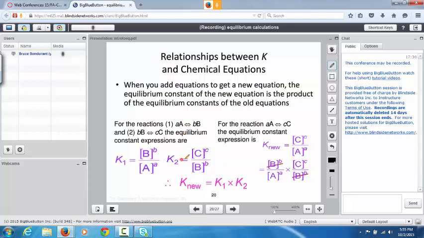Now if I add them together, so I have AA goes to CC, it is going to be B to the B over A to the A times C to the C over B to the B. Well, these cancel out and it becomes C to the C over A to the A, which would be the reaction if I have A going directly to C. So that's simply adding these reactions, which is multiplying the KEQ through.